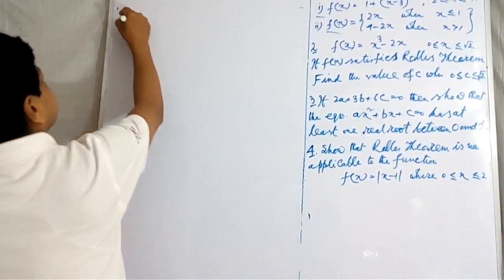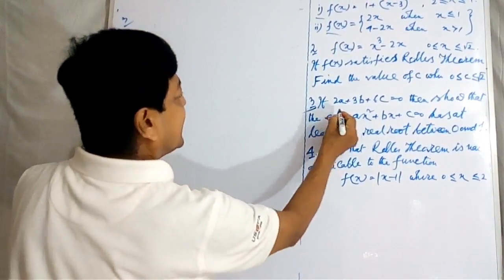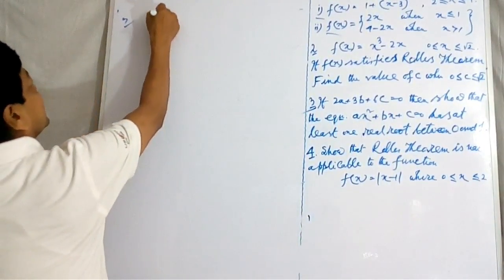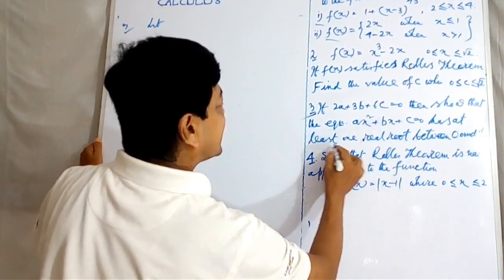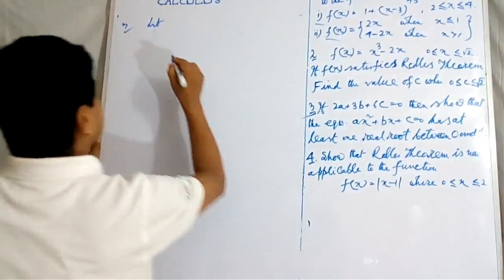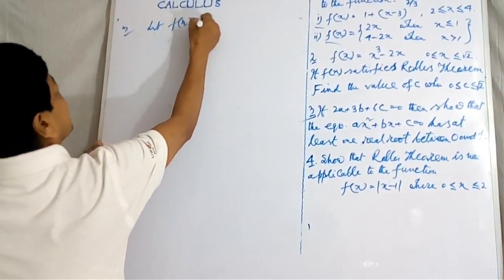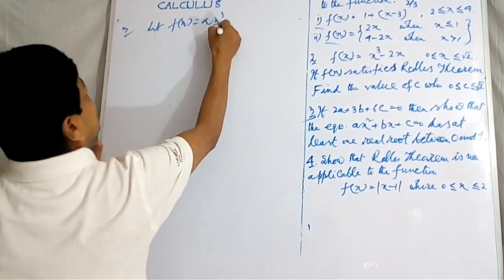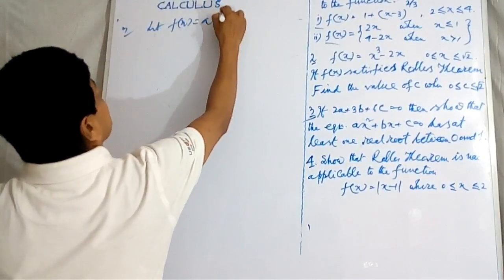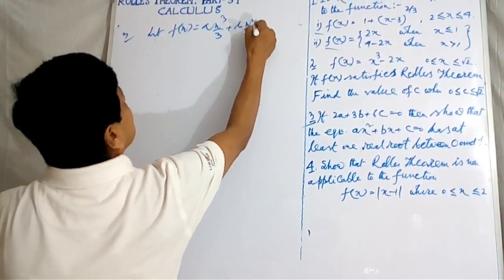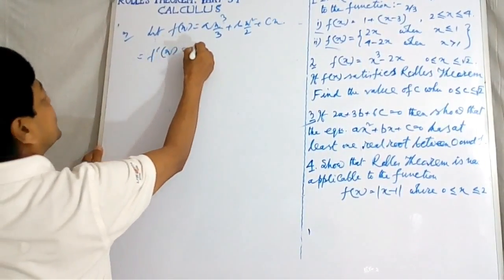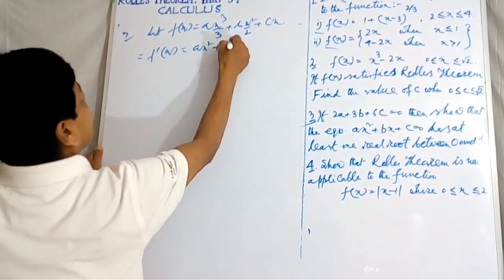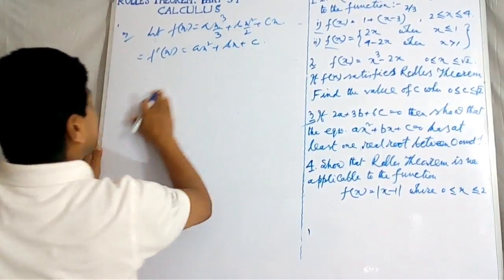Then number 3 (next problem). Show that the equation has at least one real root between 0 and 1. Let f(x) equal a x cube by 3 plus b x square by 2 plus c x. Therefore f'(x) equals a x square plus b x plus c.